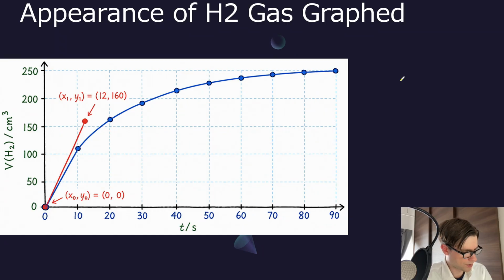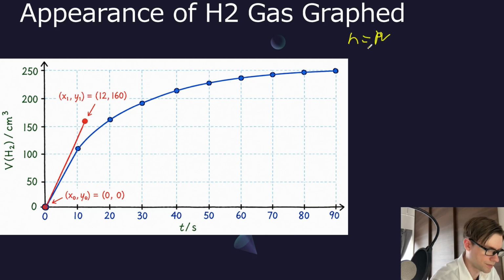Now, first thing to do here, if we want to compare this with concentration of HCl, we need to convert this H2 into concentration as well. So first would be moles. Moles is PV over RT. So again, SATP means 100,000 pascals.